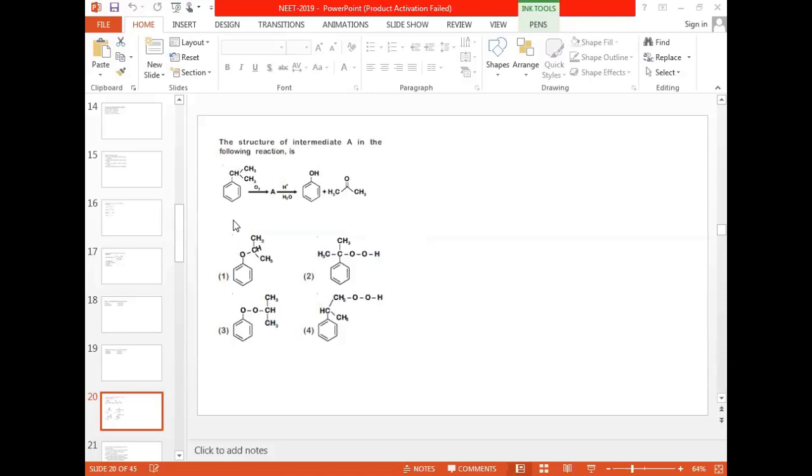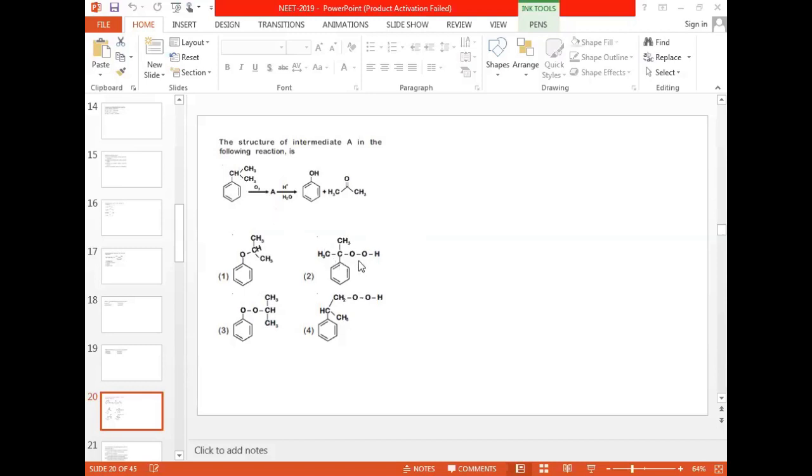That's all. What is the name of this reactant? Cumene. Very good. Cumene is also known as isopropyl benzene. Isopropyl benzene undergoes oxidation, it gives cumene hydroperoxide.